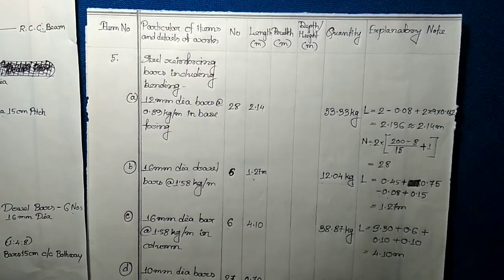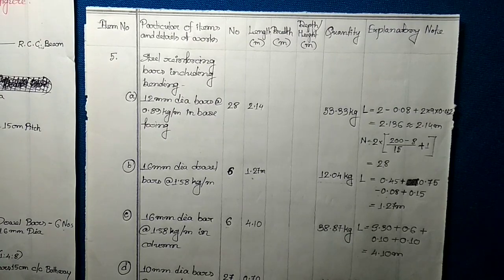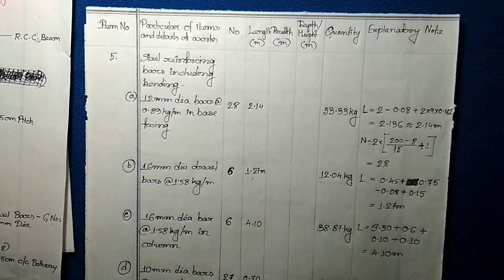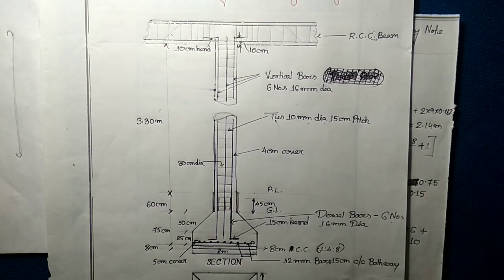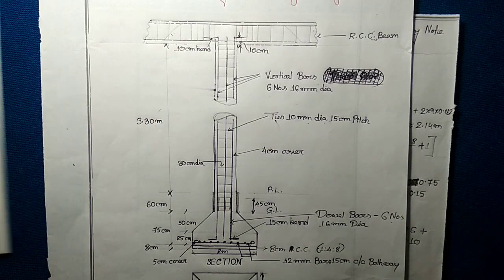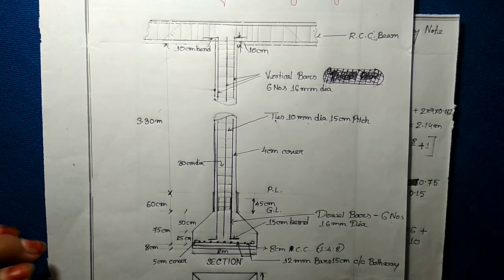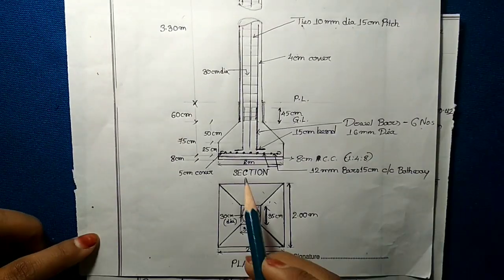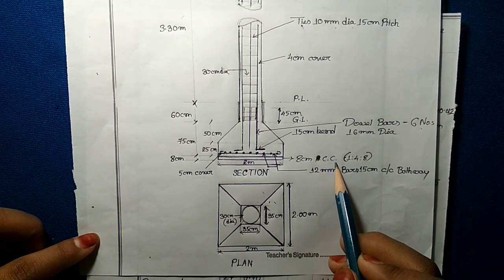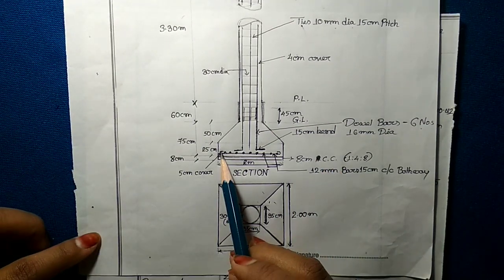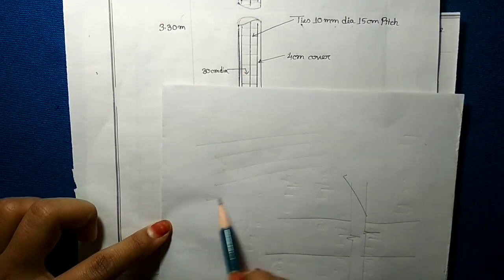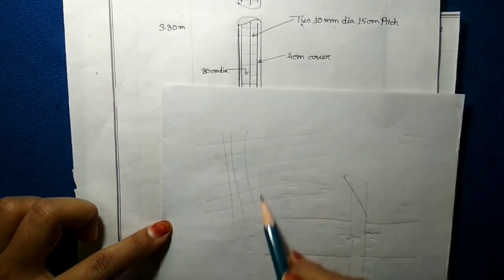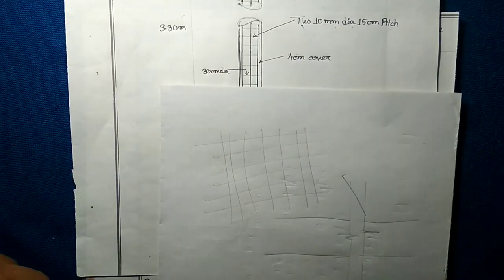So the next item of work will be steel reinforcing bar including bending. In this figure, always start from the bottom. After laying this cement concrete layer, what will you do? We will place one screen or bar like this.